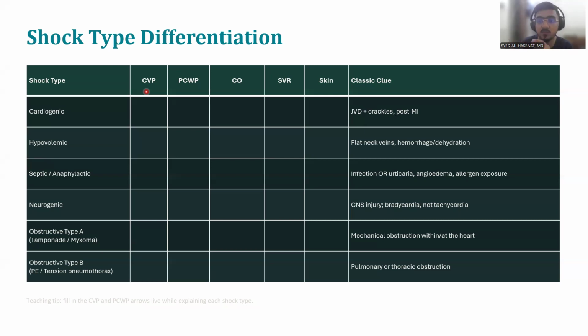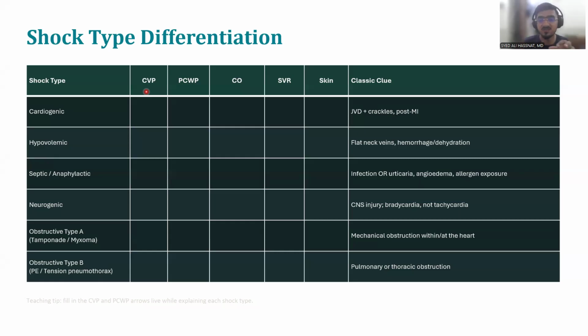Central venous pressure is the pressure in the veins behind the right atrium, in the superior vena cava or the inferior vena cava. That's why these two values will be the same in some types of shock and differ in other types of shock. Cardiac output, you already know, so I don't need to explain this.